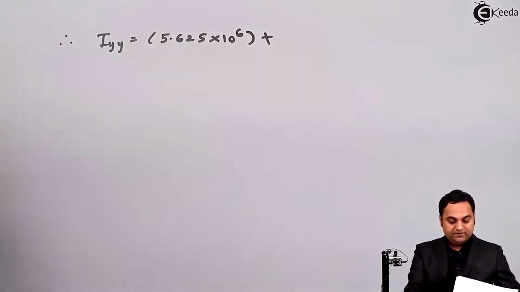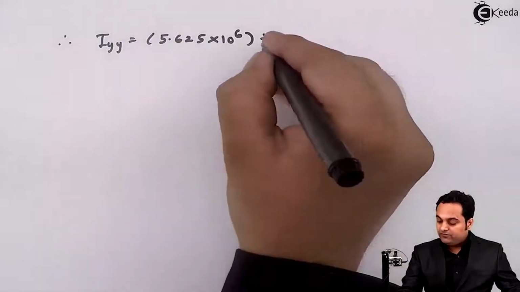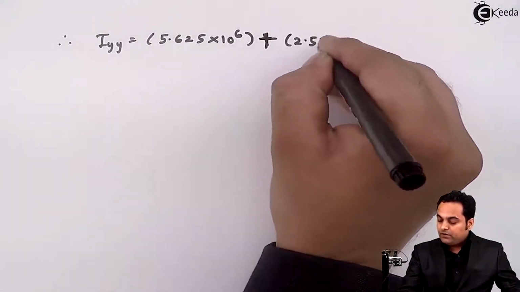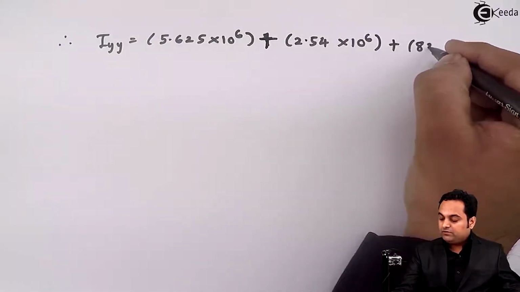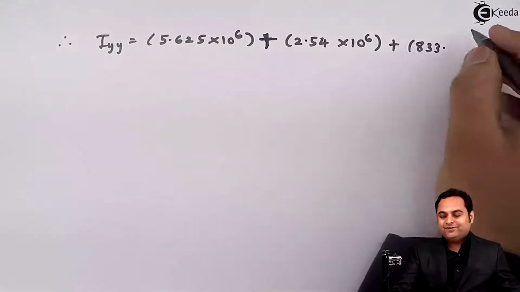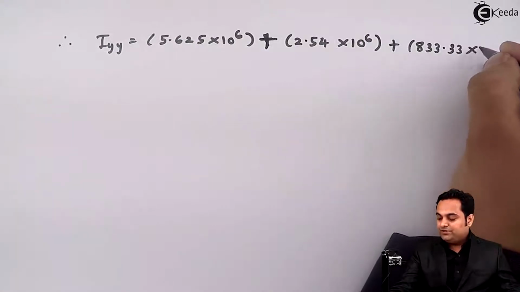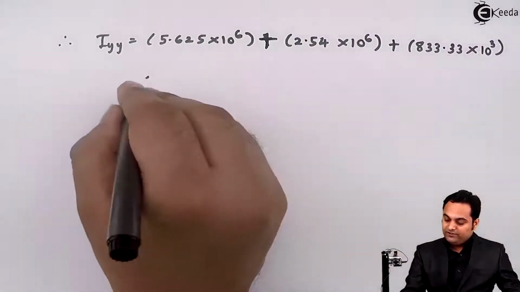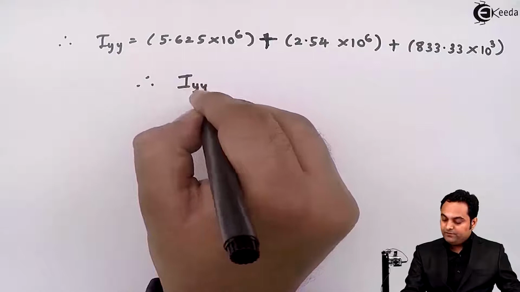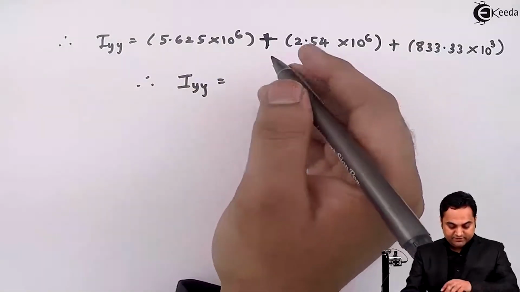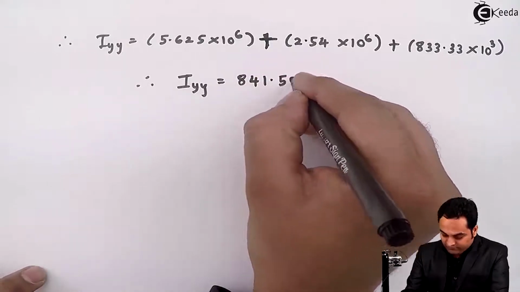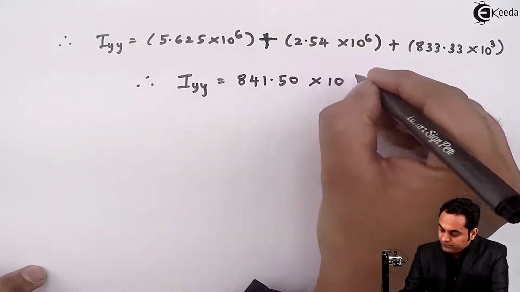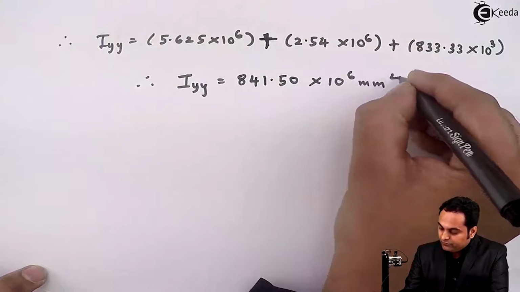Then Iyy2, it was 2.54 into 10 raised to 6. And Iyy3 we have calculated just now, 833.33 into 10 raised to 3. So after adding all of them, we get Iyy, and the answer is 841.50 into 10 raised to 6 mm raised to 4.